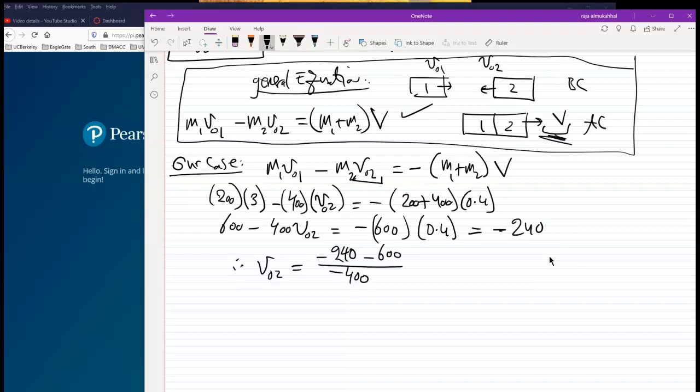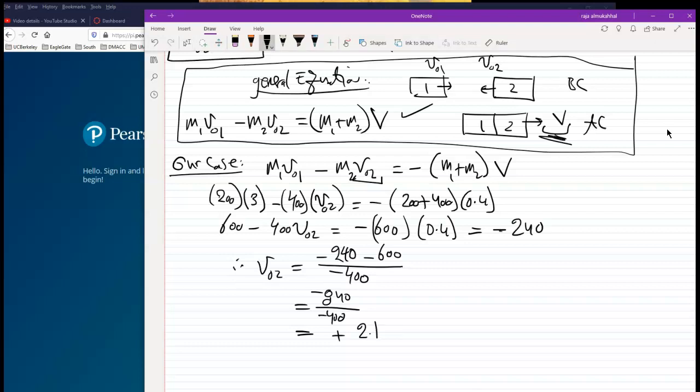Did I do it right? Hope I did. It becomes a lot of minuses here. So we have 840 divided by 400. Using my calculator again, it's 2.1, with a minus here, so that's a plus 2.1.